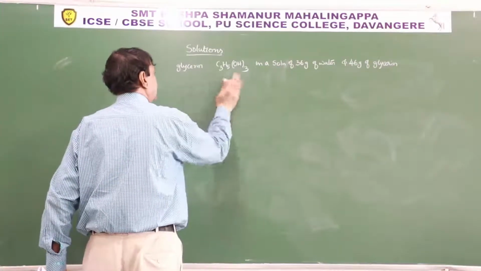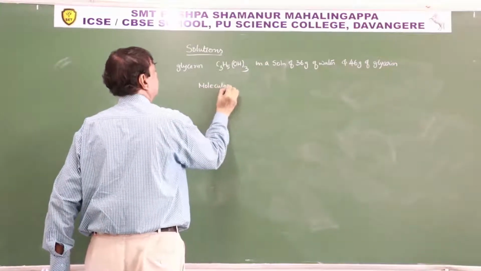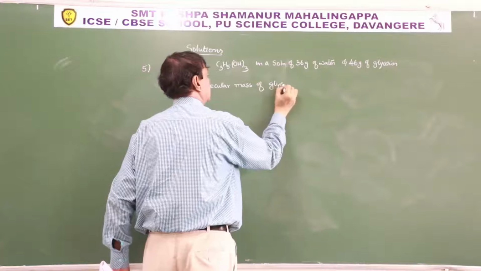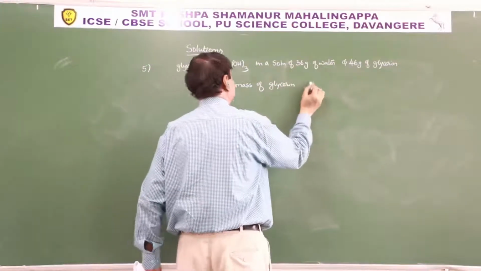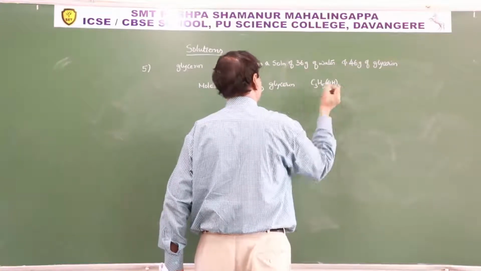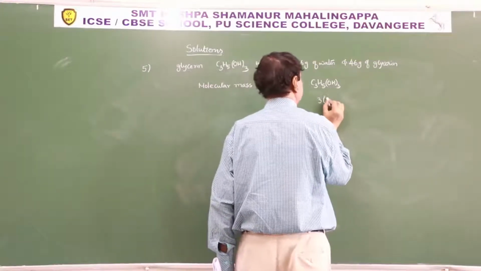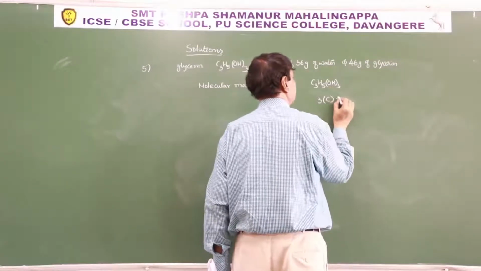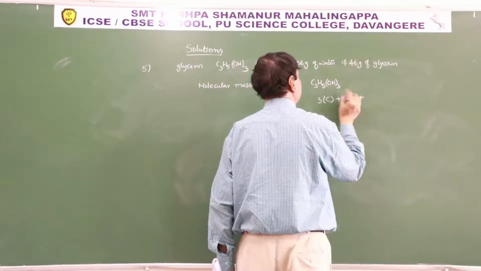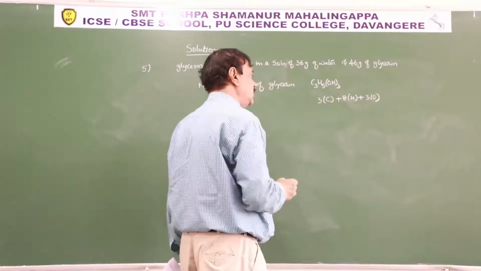Here you have to calculate the molecular mass of glycerine. The formula is given, C3H5(OH)3. That is 3 into atomic mass of carbon, plus 3 plus 5, that is 8 into atomic mass of hydrogen, plus 3 times oxygen.